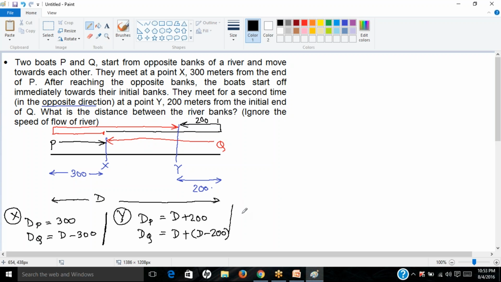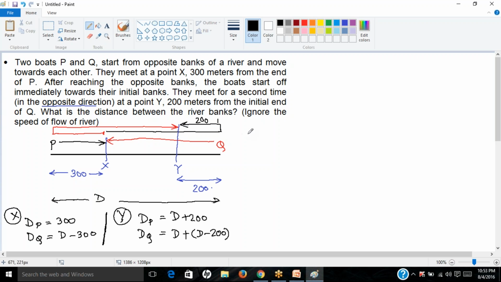From here, therefore, since P and Q maintain their speeds and they meet, that means the time for which P and Q travel is always the same. So obviously the distance ratio must be equal to the speed ratio.